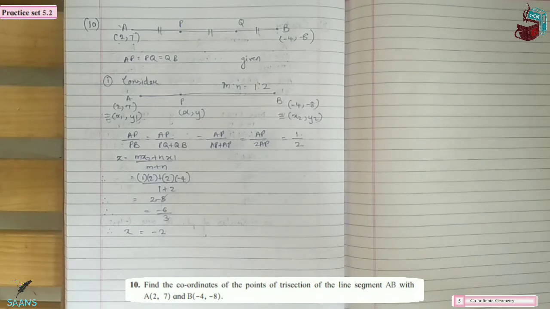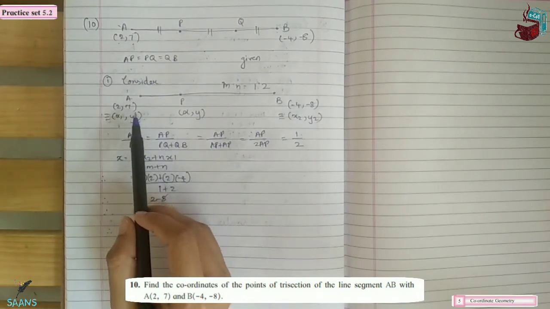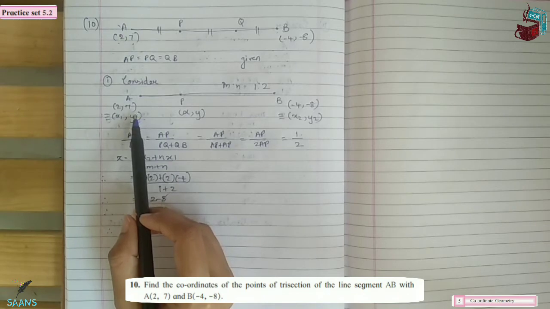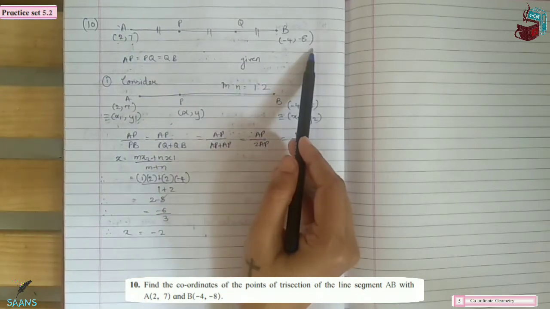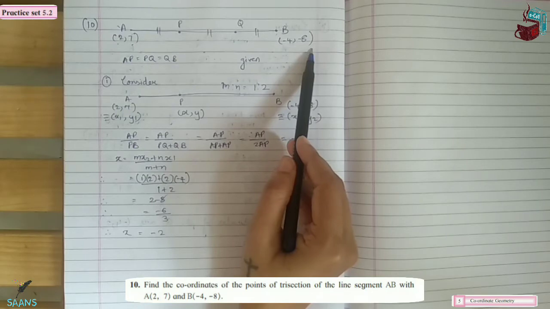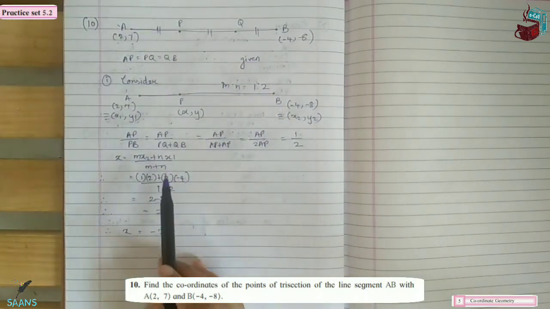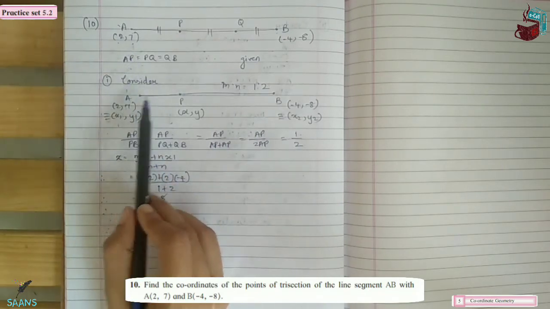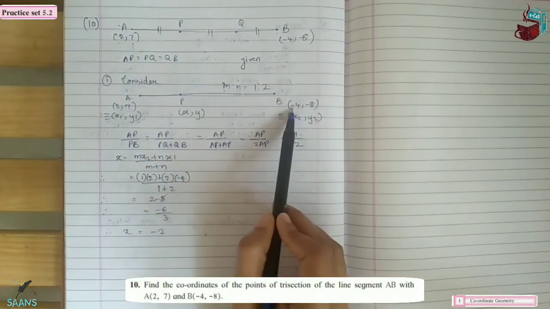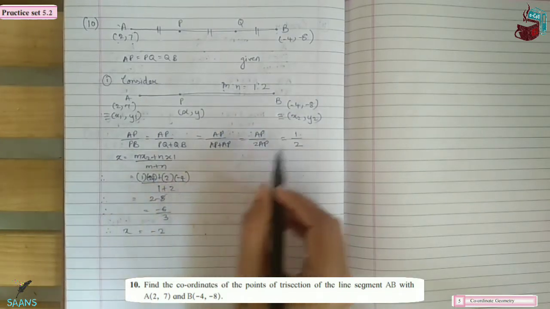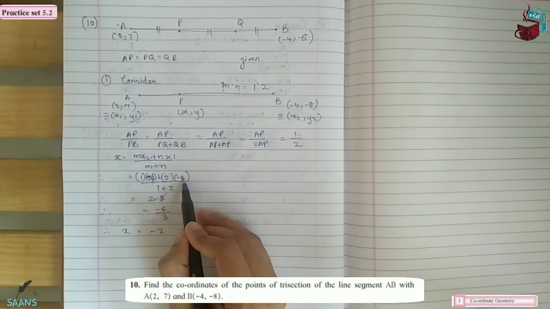Okay, let me see if it is correct. We are doing for P, right? I don't know if it is correct. Let's see, 2, 7, minus 4, minus 8. I just want to check to be doubly sure. See, I've made a mistake now. It should be mx2 plus nx1, that is 1 into minus 4 plus 2 into 2.